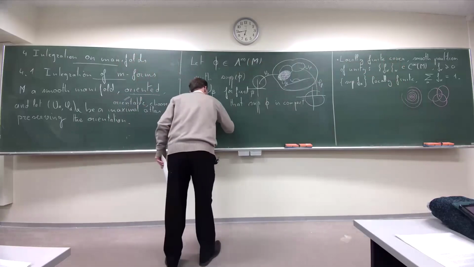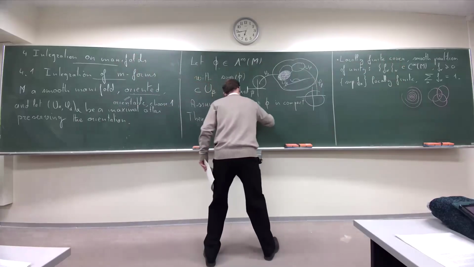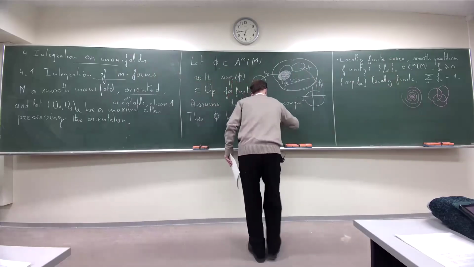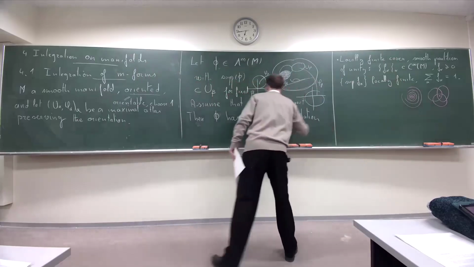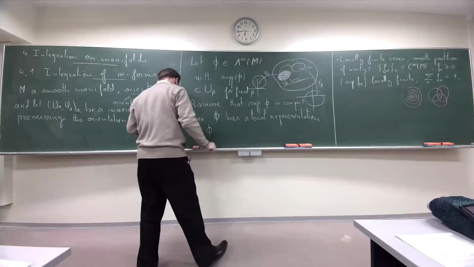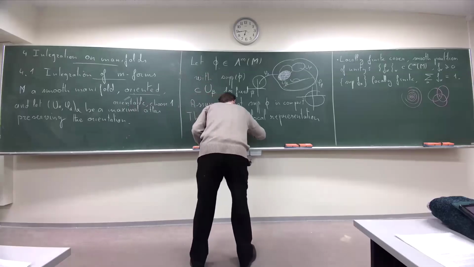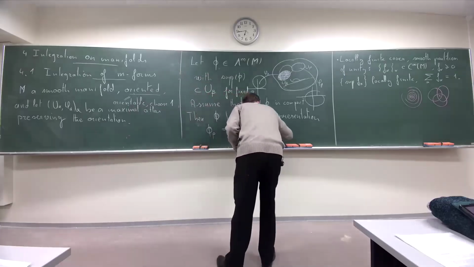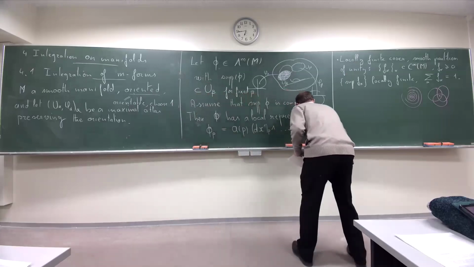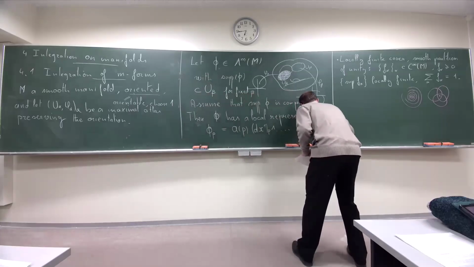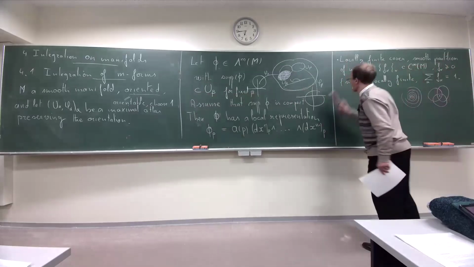Okay, then what we know is that this omega has a local representation. This is exactly what you have done in your report. It means that omega at a point P can be written as a function a(P) times dx1(P) wedge ... wedge dxm(P).